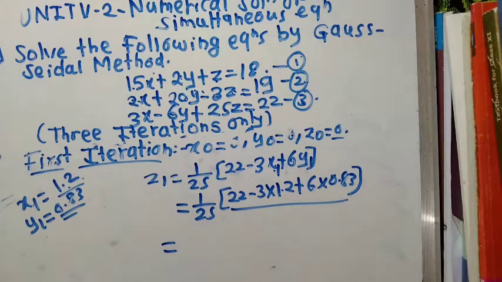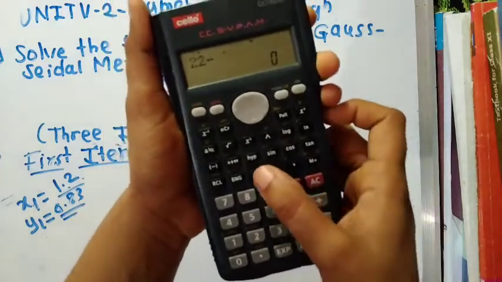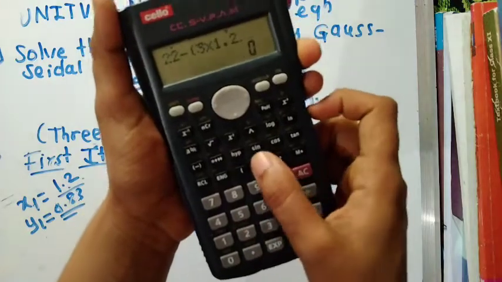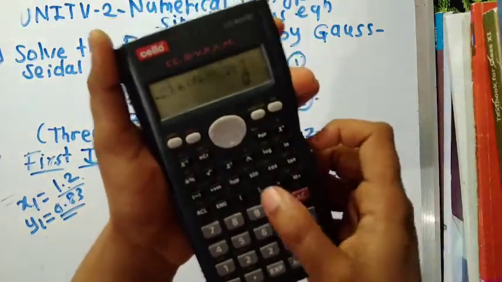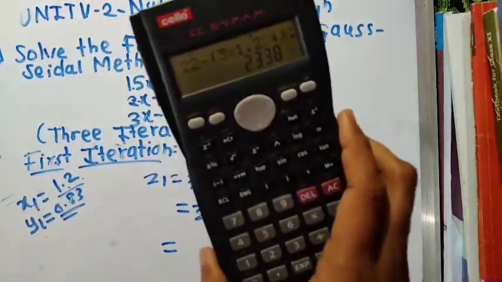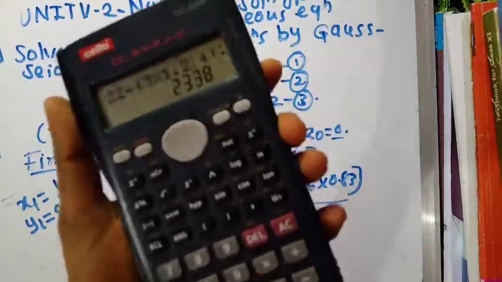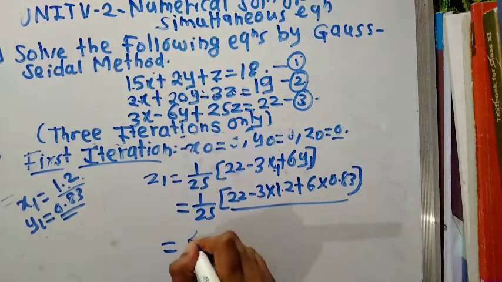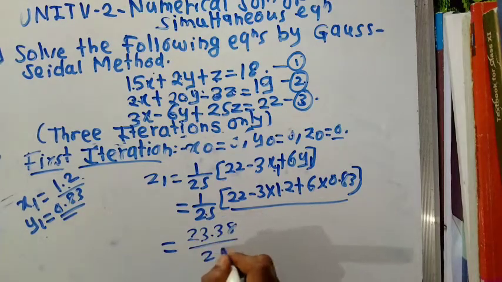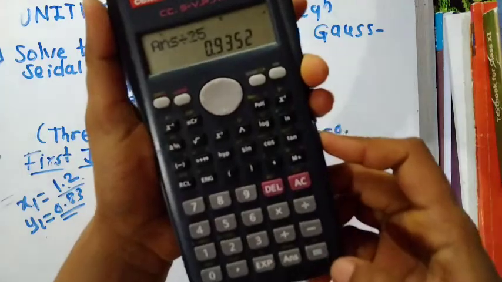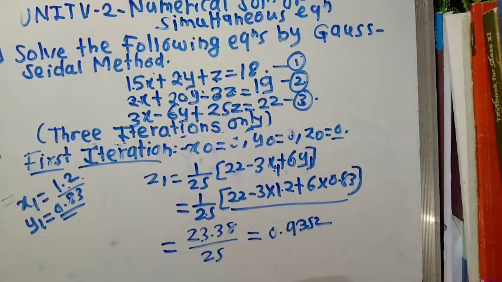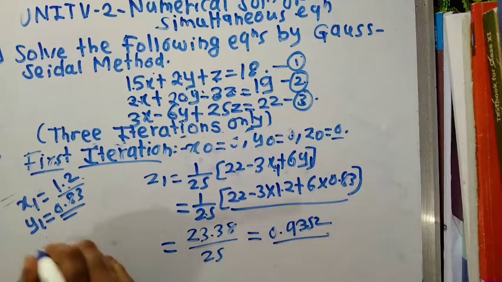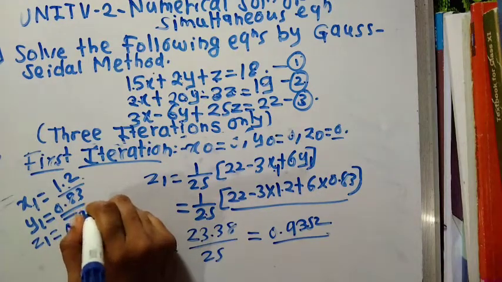First find out this value: 22 minus (3 into 1.2 plus 6 into 0.83), which is equal to 23.38. 23.38 divided by 25 is equal to 0.9352. And z1 is 0.9352.